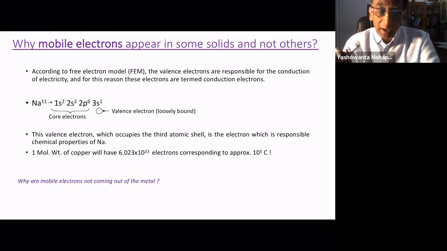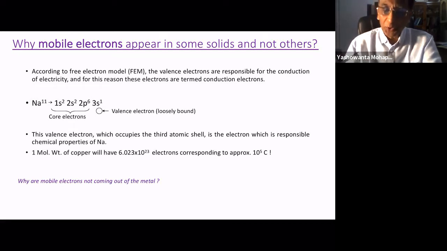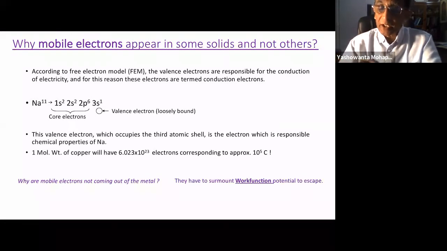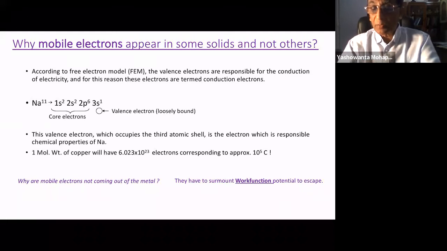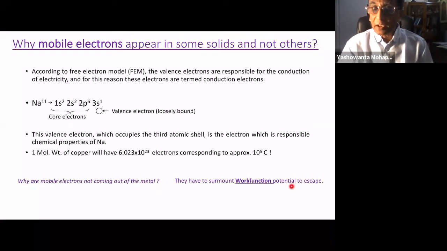But if the electrons are mobile, why do they not come out of the metal? You have studied that in school also. They have to surmount a work function potential to escape. They are inside the metal because all around there is a work function. Once they have enough energy to overcome the work function, they can come out.